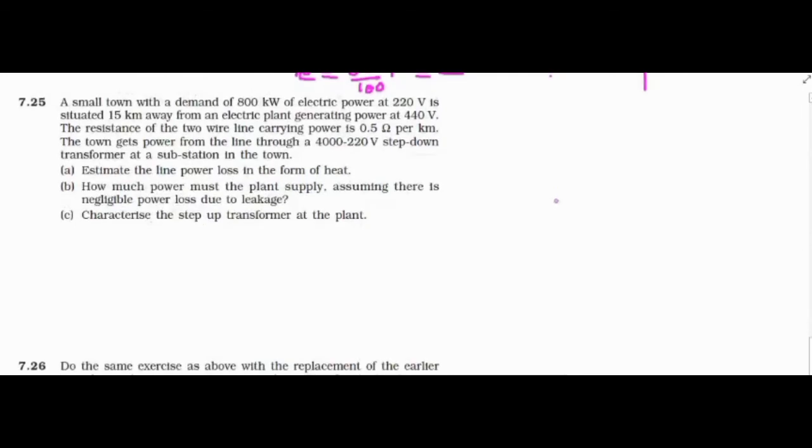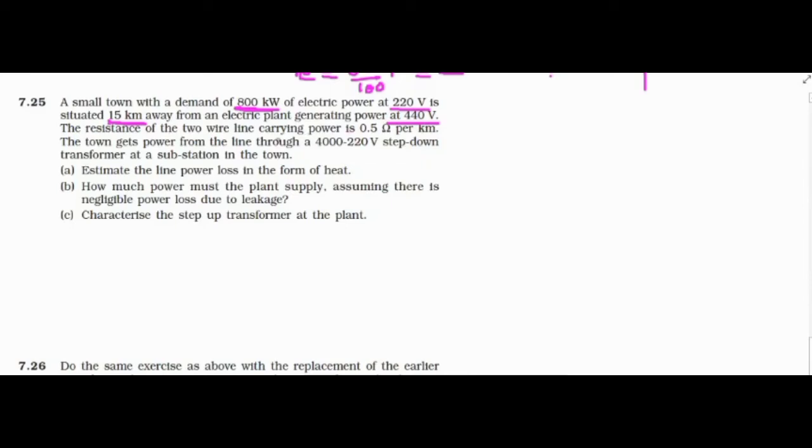Now question 25. A small town needs 800 kilowatts of power. That is the required power for the town. At the town the power is distributed at 220 volts, and the power plant is 15 kilometers away from the town. At the power plant, the power is generated at 440 volt.